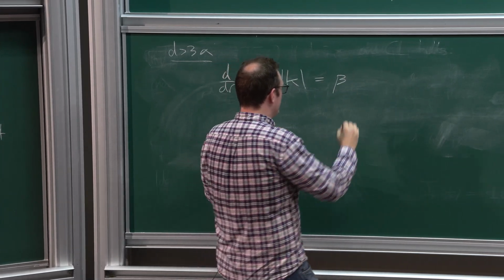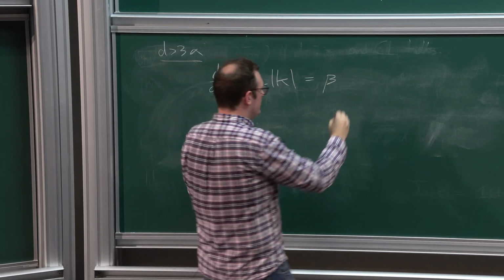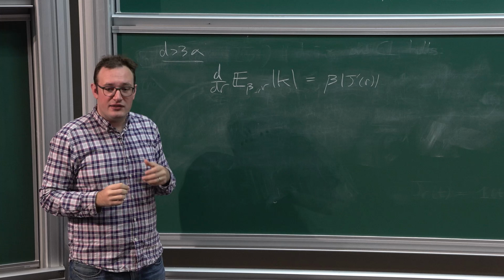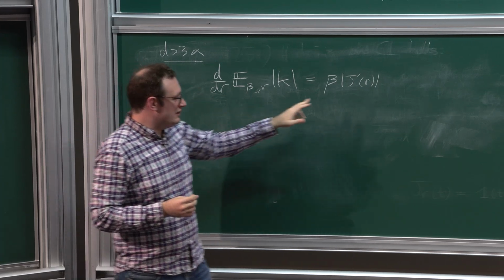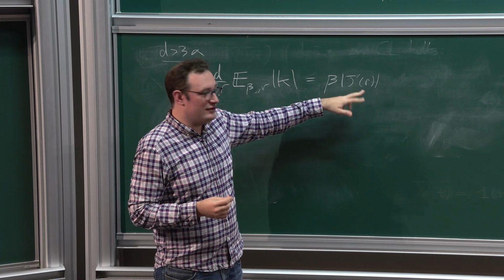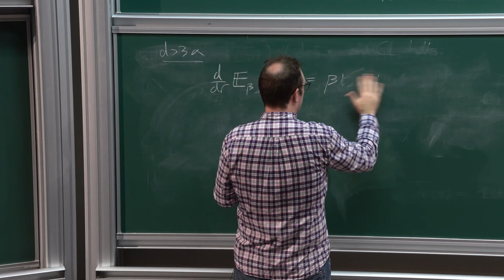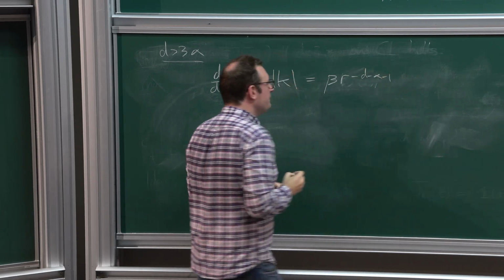So, the derivative is given by beta times, in general, the derivative of J. For the level of generality I work in my paper, I just need to assume that this satisfies some asymptotic formula, but for us, let's just assume it's exactly r to the minus d minus alpha minus 1.